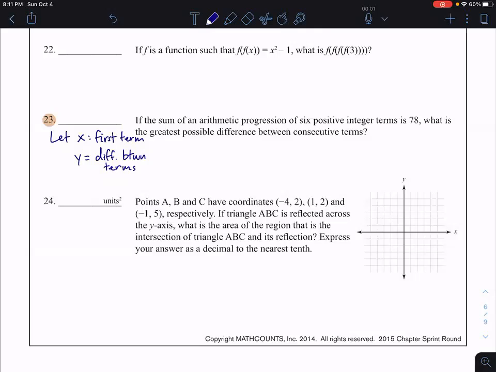And knowing this, we know that our first term is x, our second term is x plus y, our third term is x plus 2y, fourth x plus 3y, fifth x plus 4y, and our last term is x plus 5y.